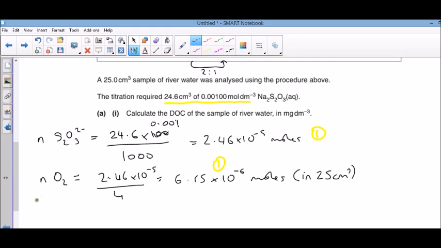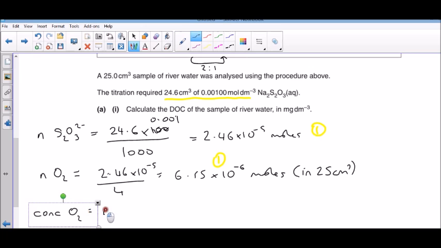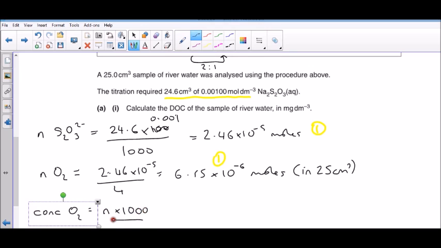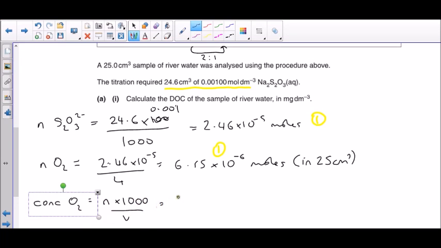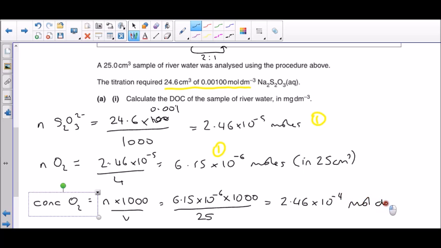We want the concentration of oxygen, so we're going to do n times 1000 divided by V. So we do 6.15 times 10 to the minus 6 times 1000 divided by volume, which is 25, and that gives us 2.46 times 10 to the minus 4 moles per decimetre cubed.